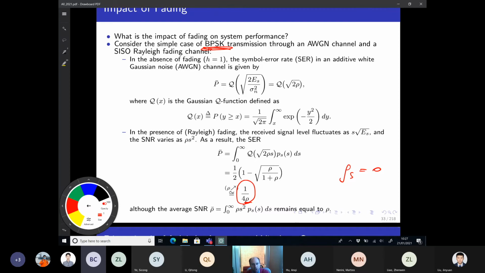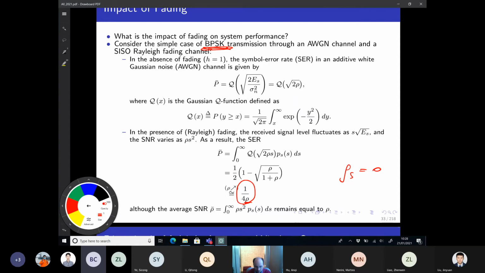And this is what the outage probability tells us as well. If you transmit at a constant rate, then indeed, in terms of reliability, the outage probability will be 1 over rho. But if we had transmitted with a higher constellation as rho increases, then we would have a different behavior.